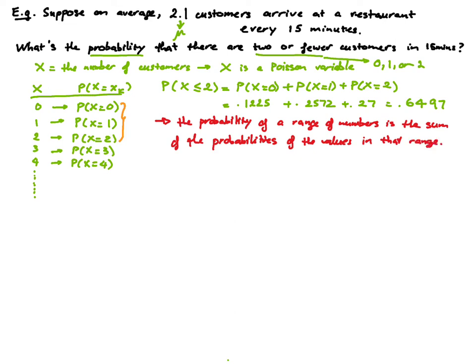So here we wanted to find the probability that x is less than or equal to 2. When x is less than or equal to 2, we're thinking 0, 1, and 2. Right? And so the probability that x is less than or equal to 2 is going to be the sum of the probability that x is 0, the probability that x is 1, and the probability that x is 2. Okay?